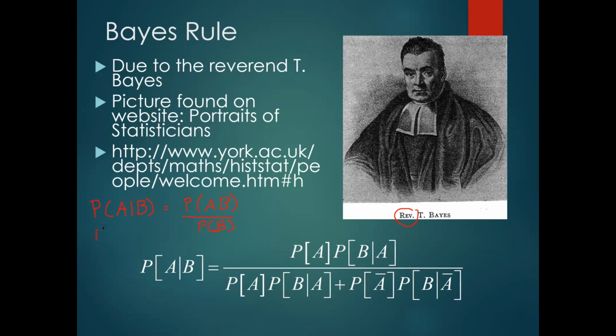How do you compute probability of B given A? It's just probability of AB over A. Same lang man siya, di ba? Ang naglahi lang ang iyang denominator, which is A. So therefore, the probability of AB is equal to probability of A given B times probability of B. Tama?